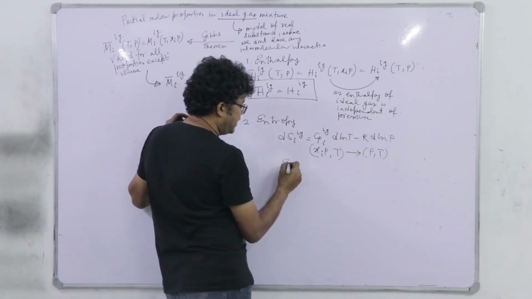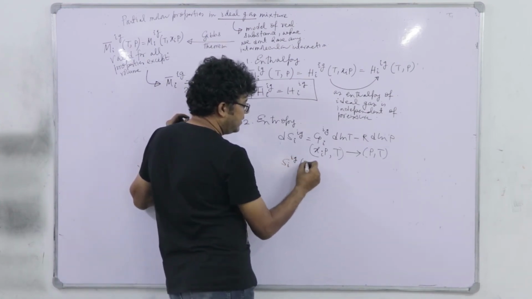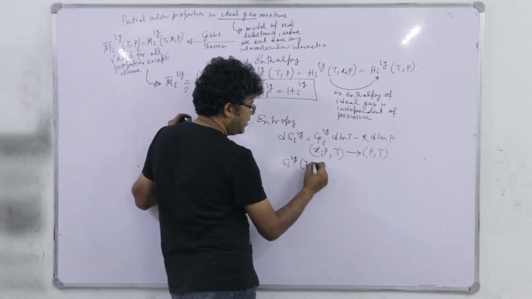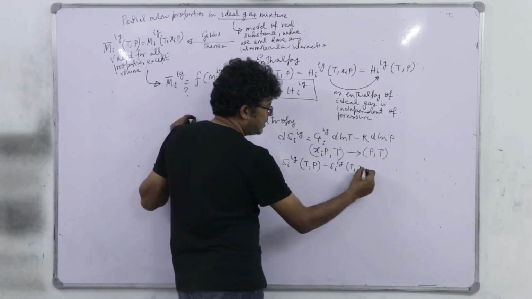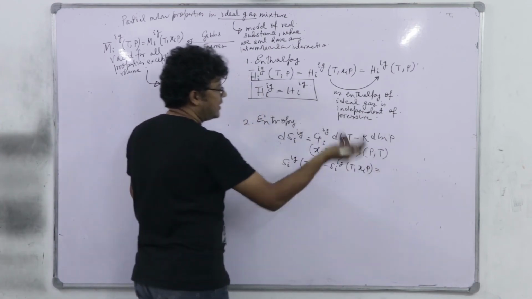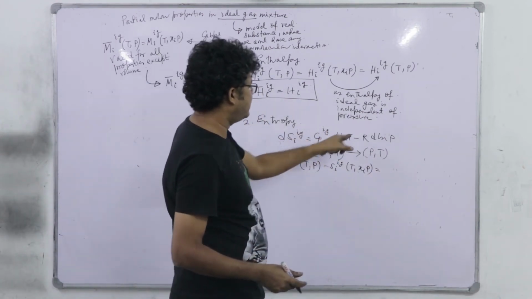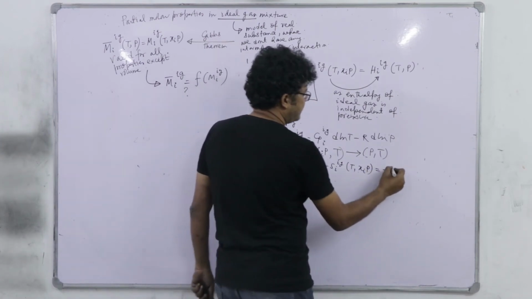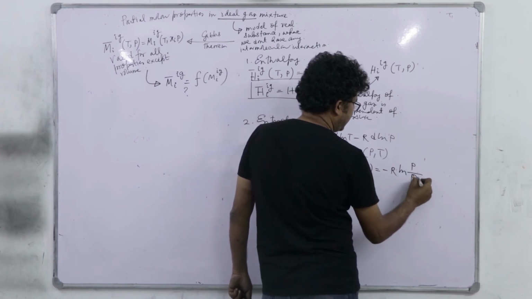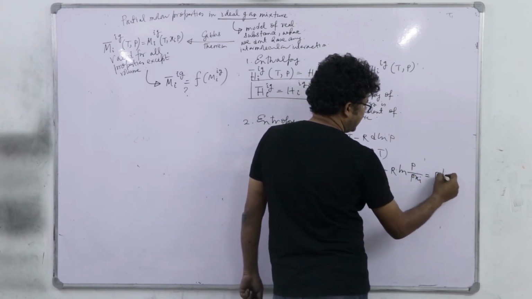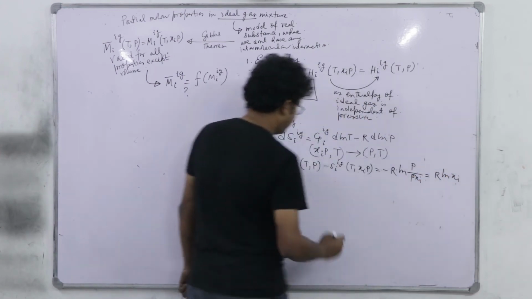So, we will write this is SiIg at T, P minus SiIg, pure form, at T, xi P, and on the right hand side as there is no temperature change this will be 0. So, minus R ln P divided by P xi, so R ln Xi, right.